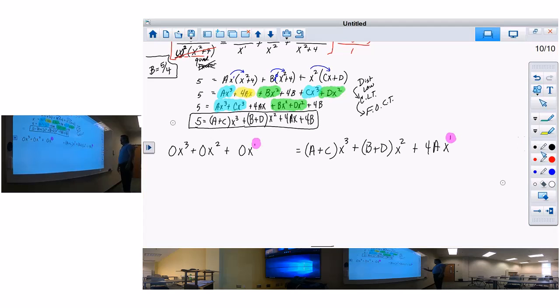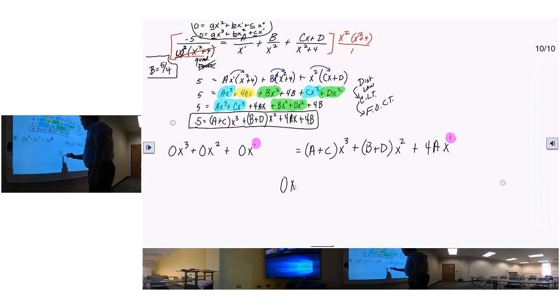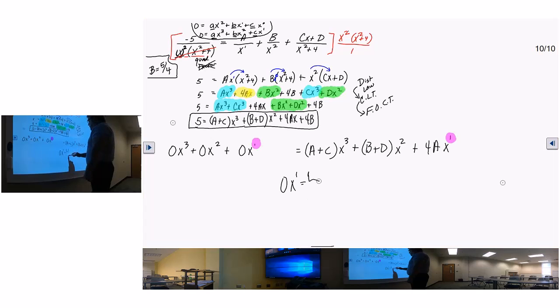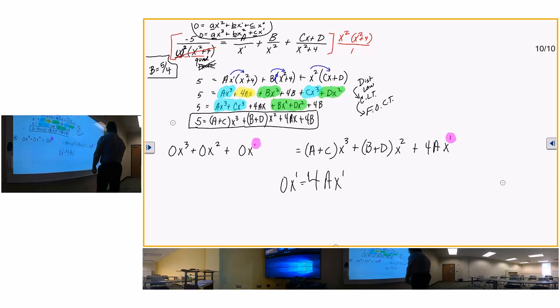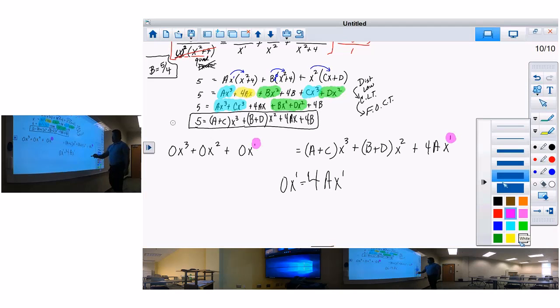The next one is 0x is equal to 4a x to the first power. Take my magenta now and highlight that.